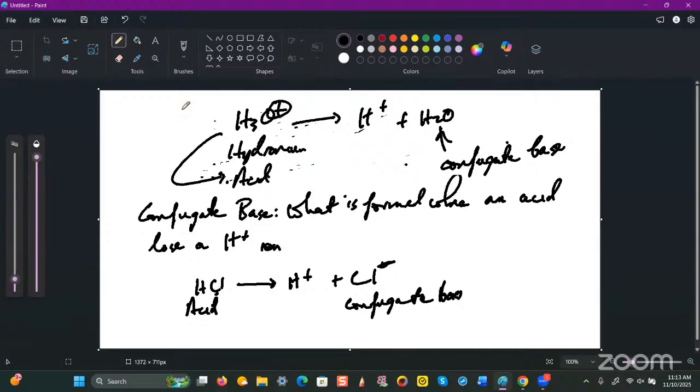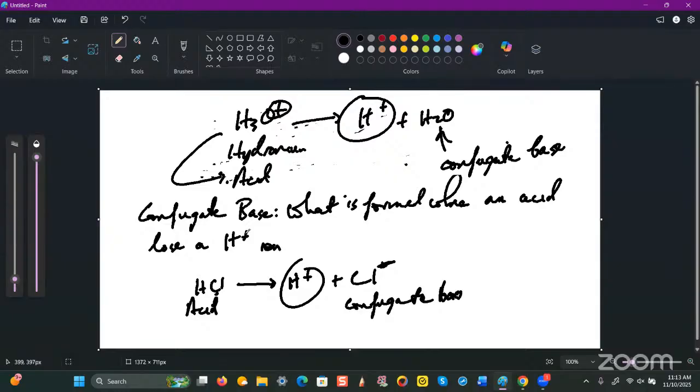So basically, what you should notice in both cases, however, is that as you go from the acid to the conjugate base and losing a proton, the charge is reduced by 1. So therefore, in this case here, the charge of the molecule is 0, it's reduced to -1 to get the conjugate base, right? The charge here would be +1, but it's reduced to 0 in the case of the conjugate base here, all right? And that's because in each case, you're losing a plus charge with the hydrogen ion, all right? So that's basically what happens in this case.